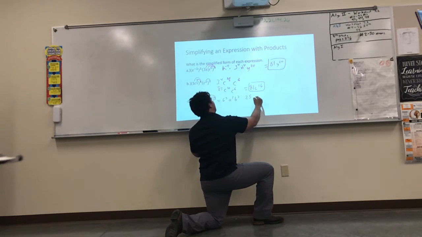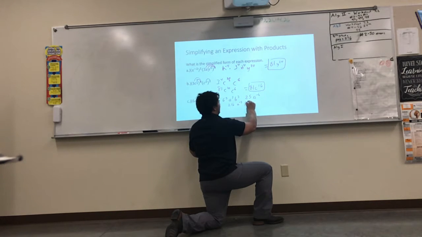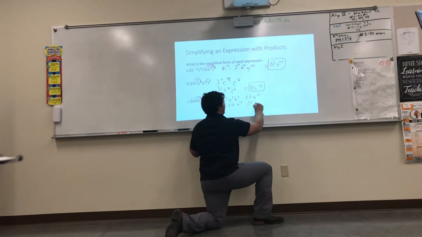Distribute it again, we're going to get a to the negative 6. Alright, we can combine bases. This is going to give me 216. A and A, that's going to be a to the negative 3. B is going to be b to the, I also forgot my 25. And we are going to go b to the third.